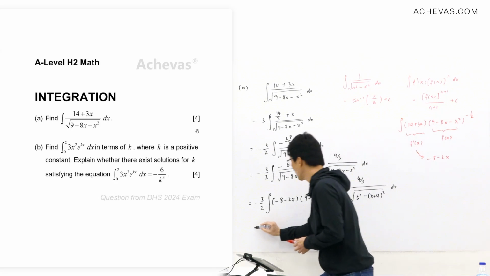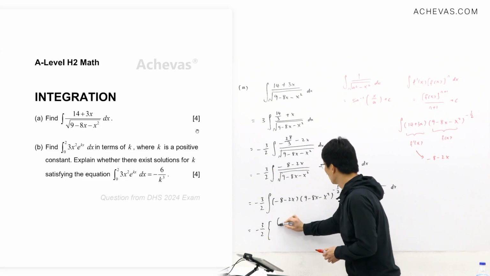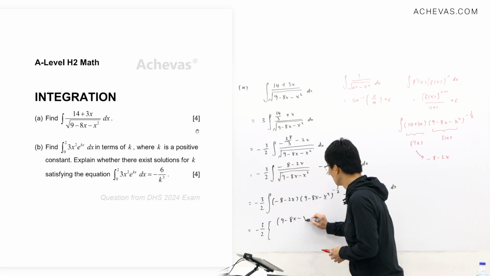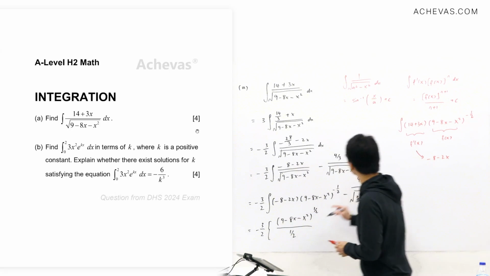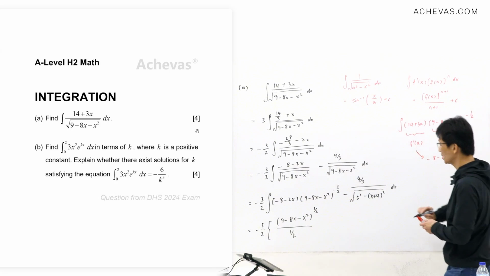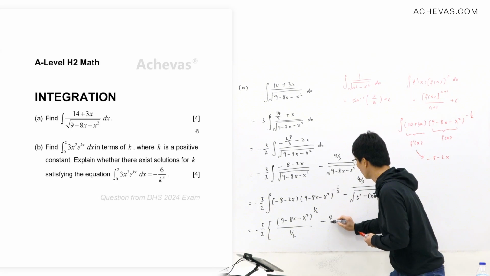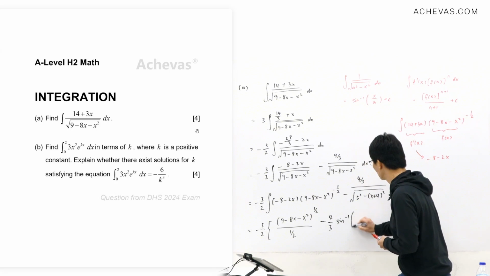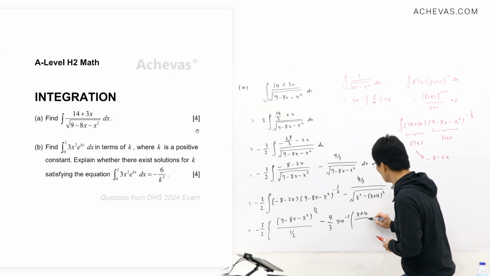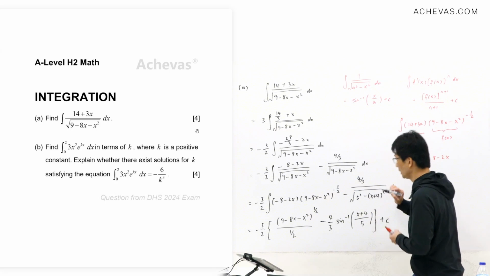So here I will be able to get 9 minus 8x minus x squared to the power half over half. That is according to this formula here. And here, applying the formula here, I'll get minus 4 over 3 sine inverse x plus 4 over 5. And don't forget your plus c.